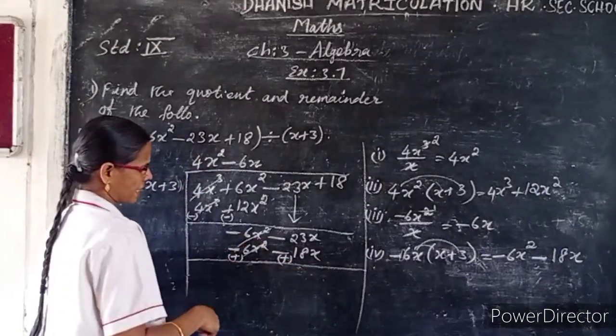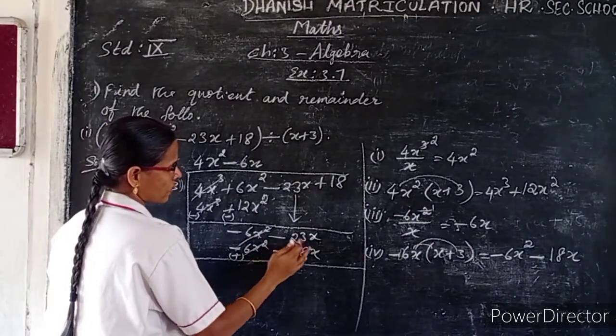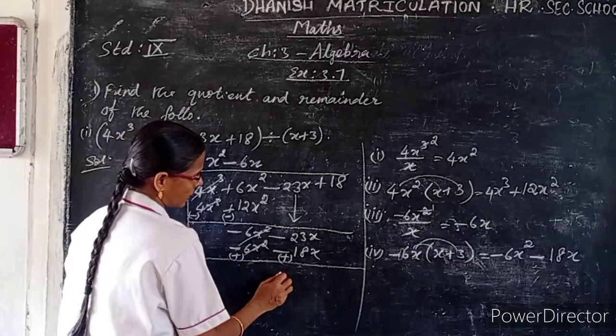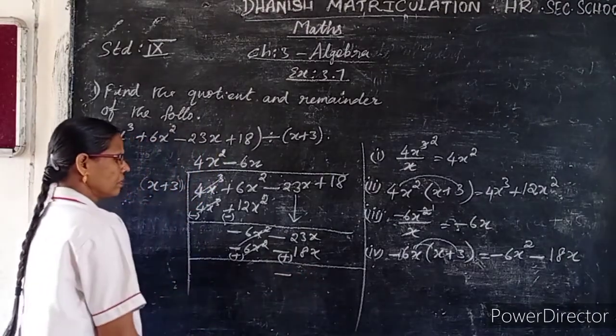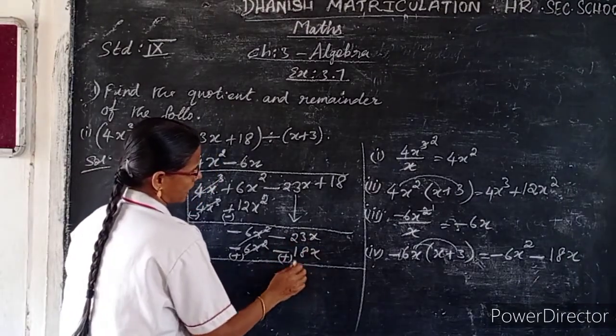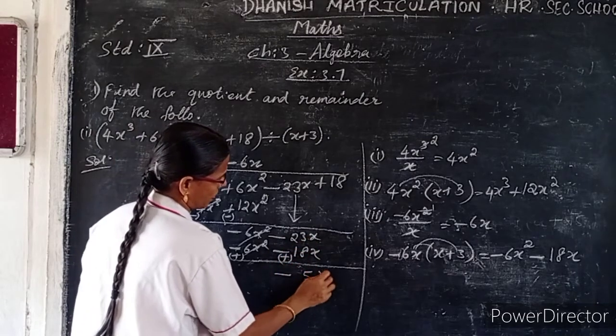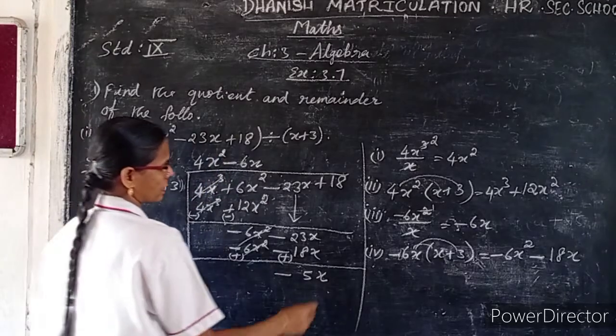So this first term gets cancelled. Now minus 23x here, plus 18x. So the greater number is minus 23. Write that sign. Now 23 minus 18 is 5. So 5x.